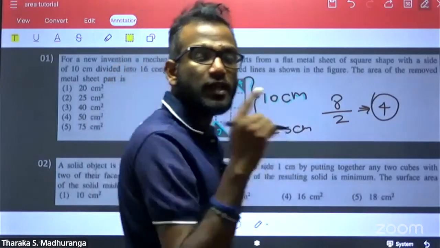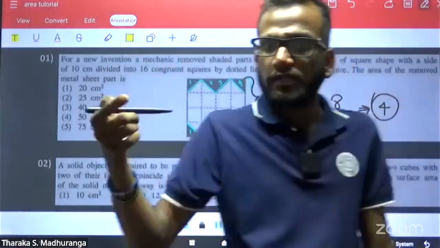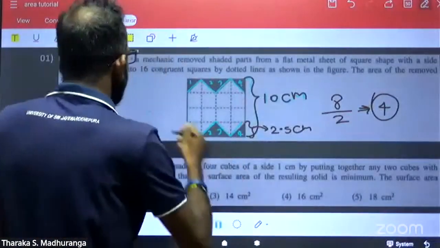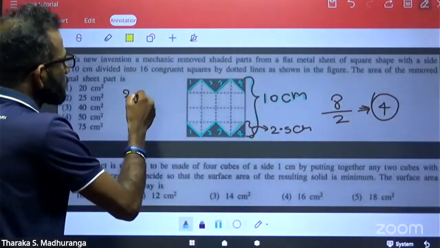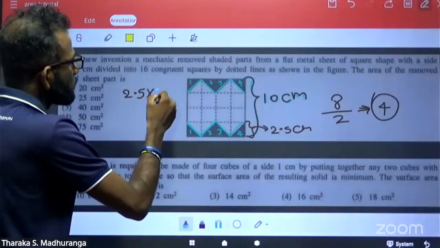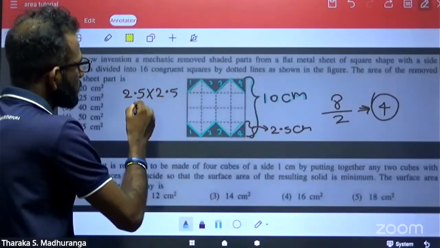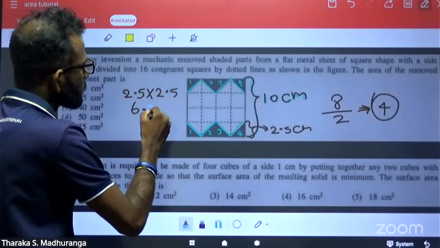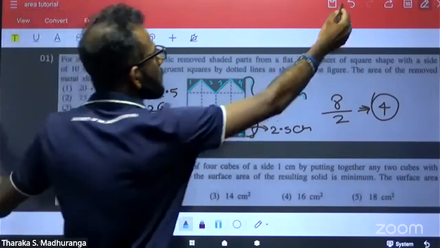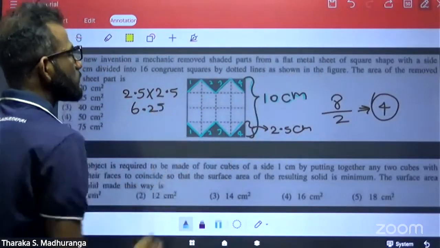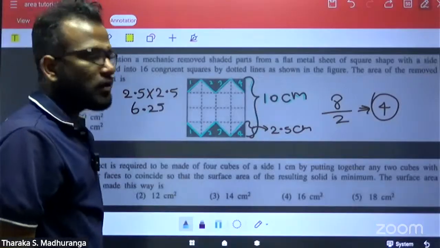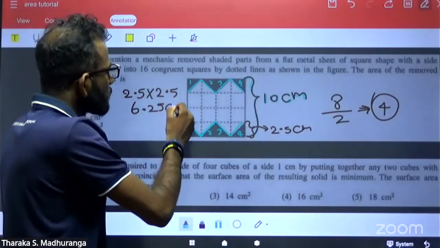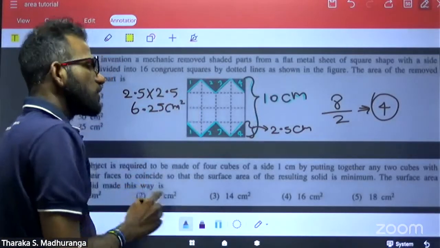Then it is a square. How do we get the area? A small square, 2.5 times 2.5, it is 6.25. You can use a calculator. It is a 2015 A-level question. 6.25 square centimeter, that is one square.